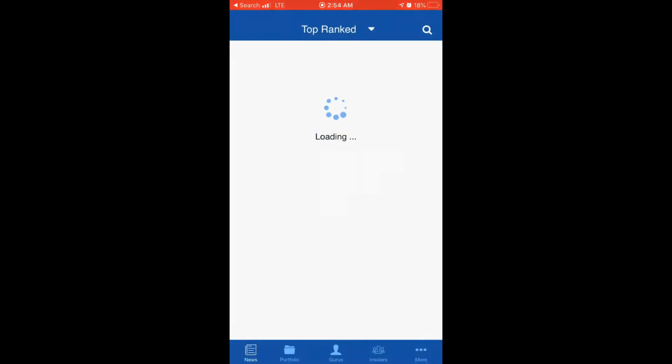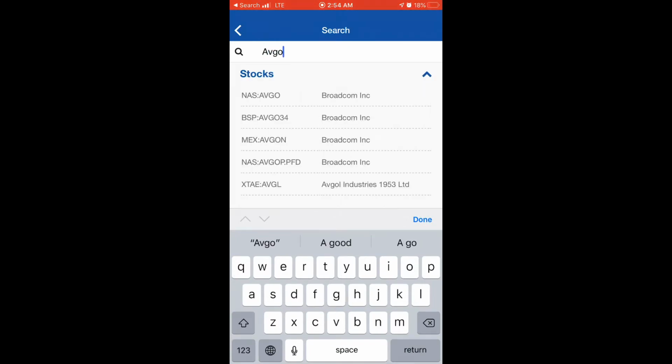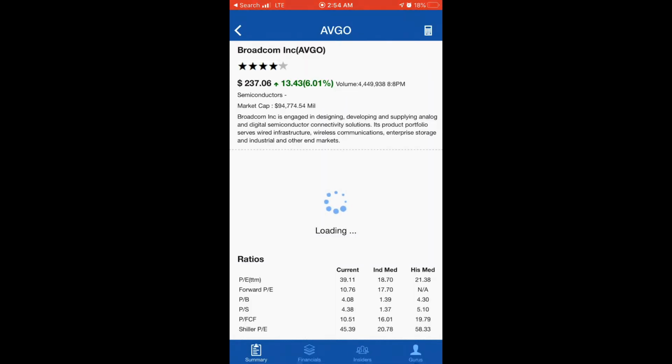Try to find the forward PE ratio of this company. The desktop version you can find very easily, but on the phone it's a little harder. Okay, so Broadcom here, PE ratio at 39, but the forward PE ratio is only 10.76, which is way below 15.